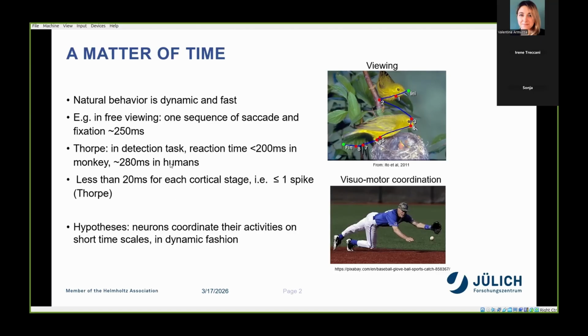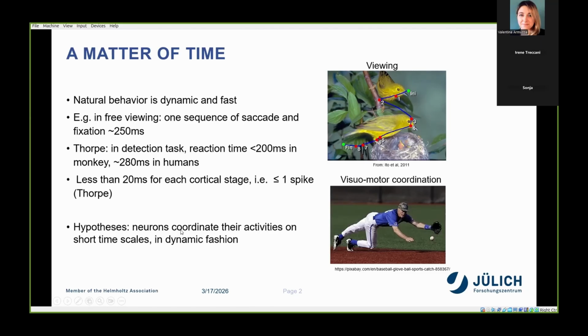And people and monkeys were able to do this in very quick time, 280 milliseconds in humans, 200 in monkeys. So he made a calculation at the time, how much time you actually have from visual input to digest this and to perform a movement, and assuming about 20 milliseconds for each cortical stage, or you could also have less but more areas. But with a typical firing rate of neurons, this leaves you about 1 spike per area.